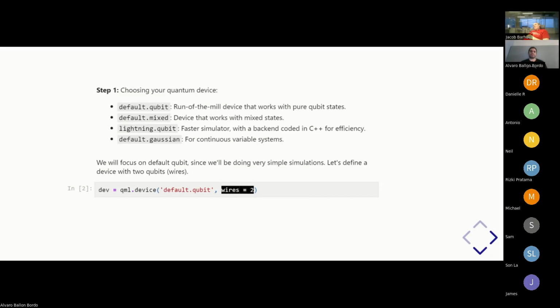So we also have to specify this. Usually working with 20 or more qubits is really, really slow. We are going to work with 2 because that's our first example. So we're just telling PennyLane, hey, we're going to use qubits and we're going to use 2 of them. That's all it does.